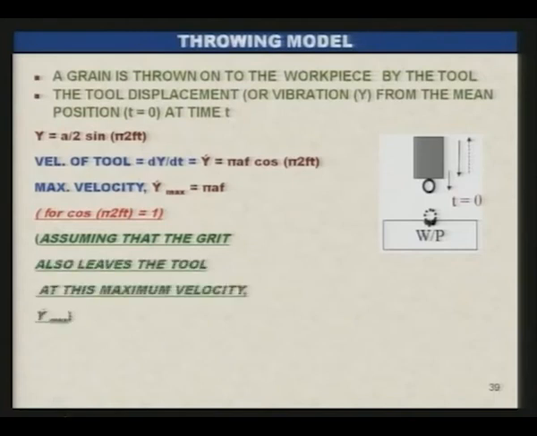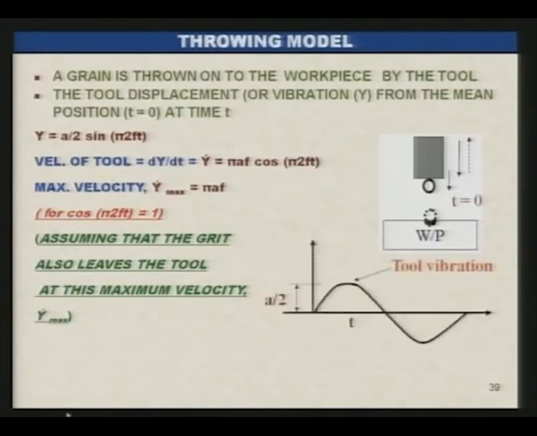Now, there is a very important assumption while determining the maximum velocity of the grit particle or the tool, especially when we are assuming that the grit also leaves the tool at this particular maximum velocity at which the tool is vibrating.